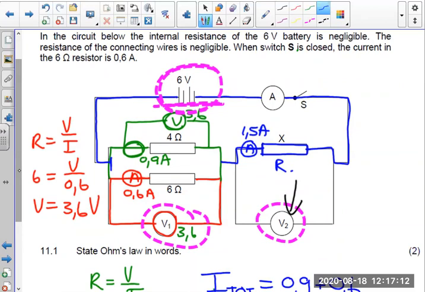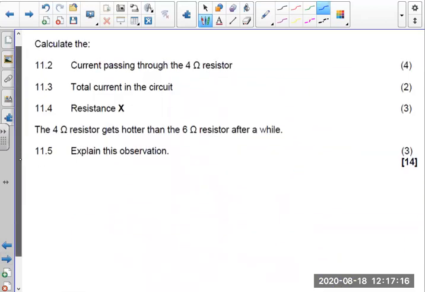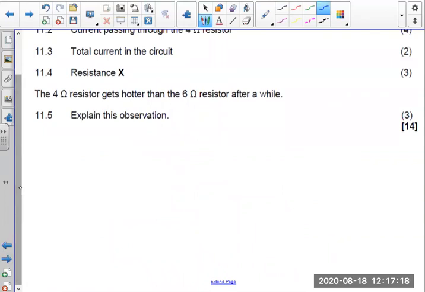The next question is: the 4 ohm resistor gets hotter than the 6 ohm resistor after a while. Explain this observation. Here we must keep in mind that the higher the power through a certain resistor or wire, the warmer it will get.